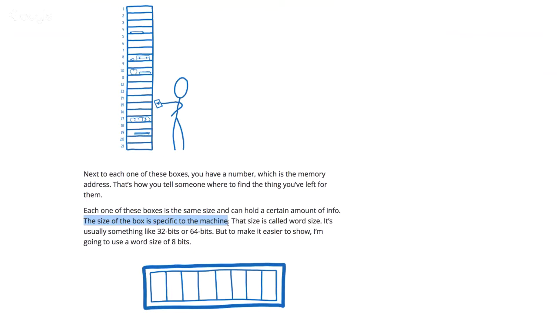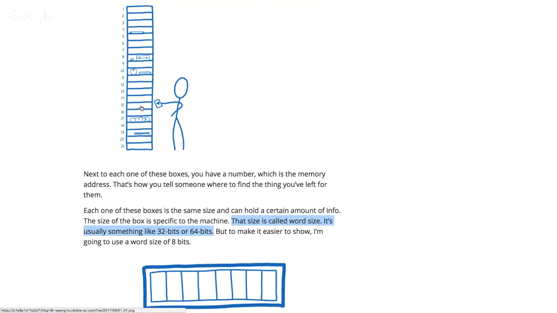In older machines, the size of the box used to be smaller. So memory addresses in a 32-bit address space used to be smaller. In 64-bit, I think they are much bigger. That size is called the word size. It's usually something like 32 bits or 64 bits.